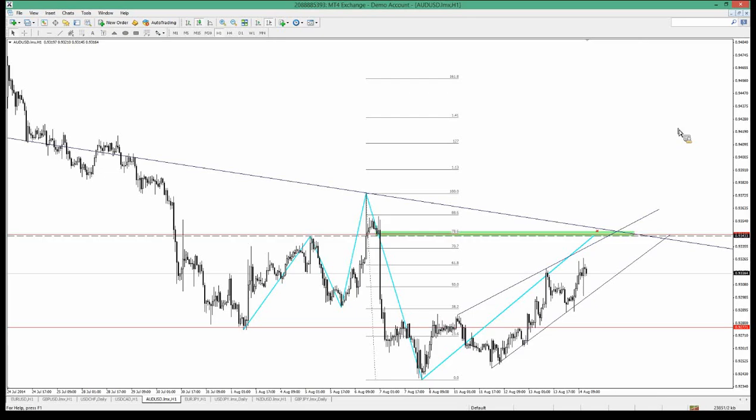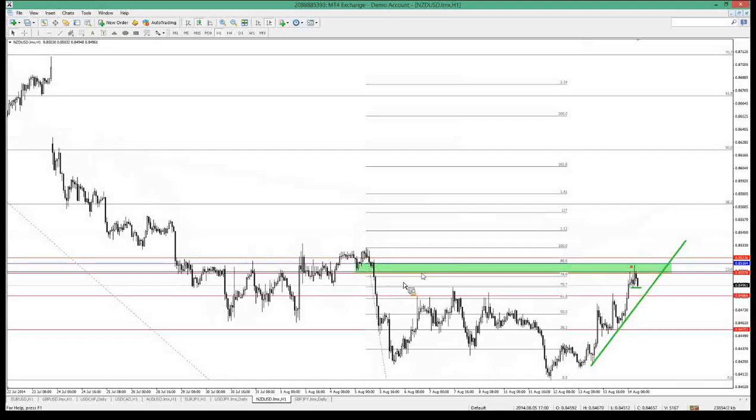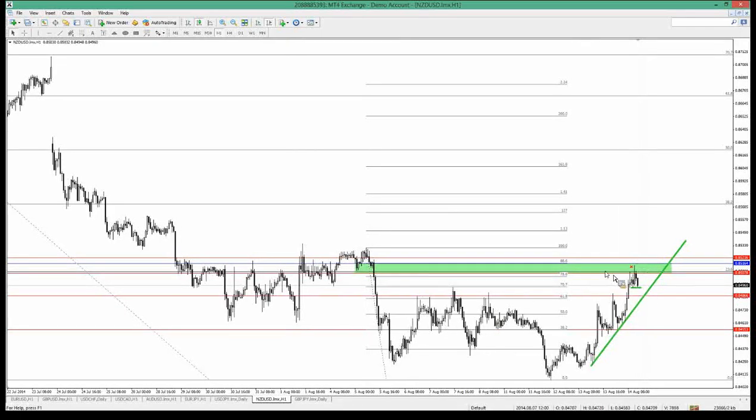I'd far rather go for the Aussie than the Kiwi, just because of all this other mess we've got here. This is all kind of chopped out. It's messy, but you can see the level's holding. It is capping price, but if we get another surge at a third drive in there, that could be a short.